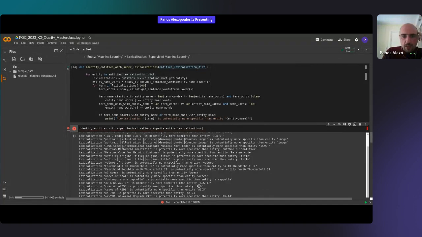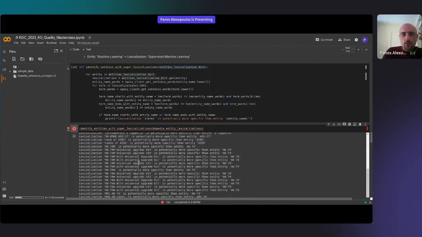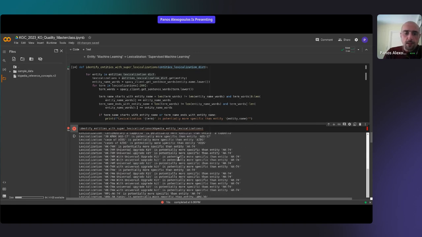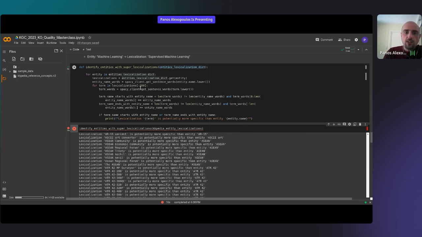Case of AIDS, all these types of entities. So even though not all are problematic, this very simple heuristic already identifies wrong synonyms, right? And I only did this for 200 entities. In theory, you can apply it to your whole set of entities.